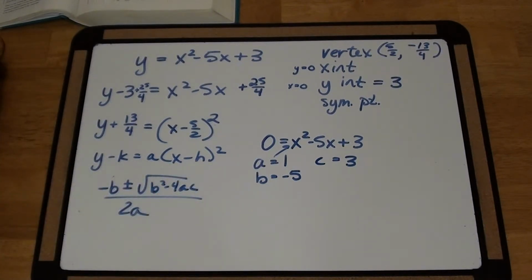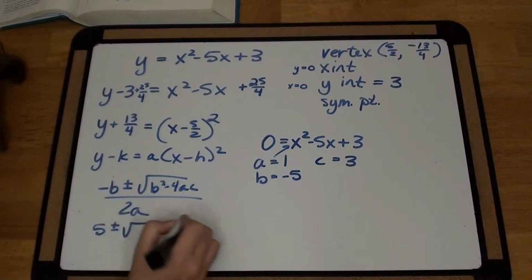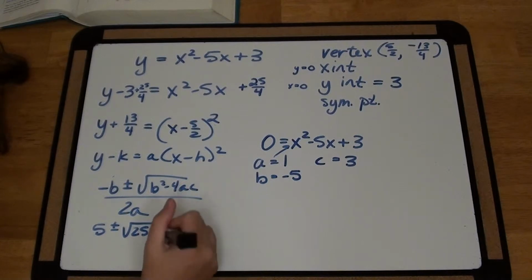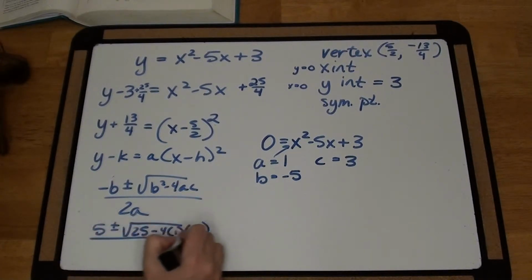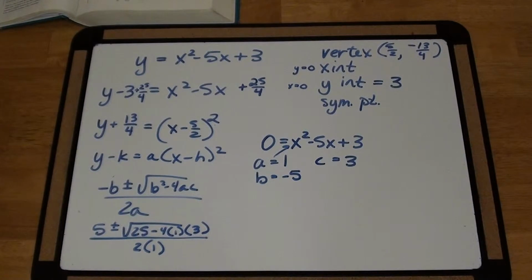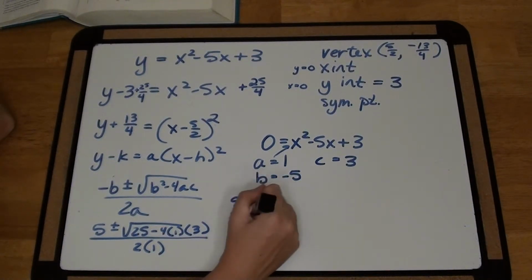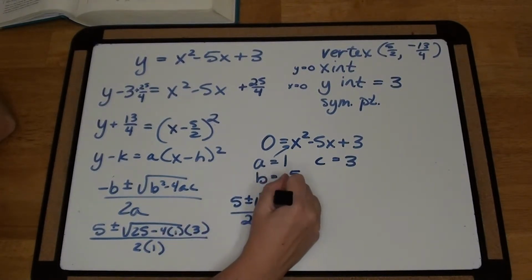The opposite of b is 5 plus or minus the square root of 25 minus 4 times 1 times 3, all over 2 times 1. So that would be 5 plus or minus the square root of, this is 12, so 13.